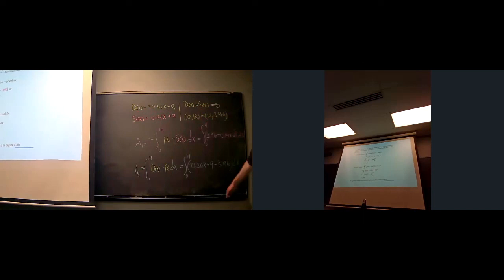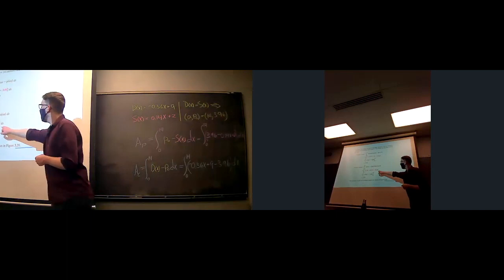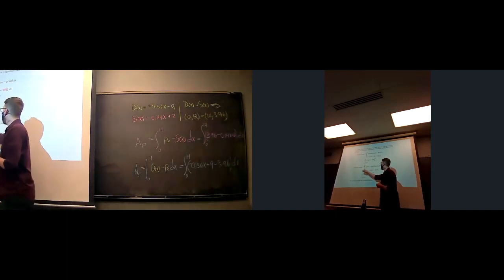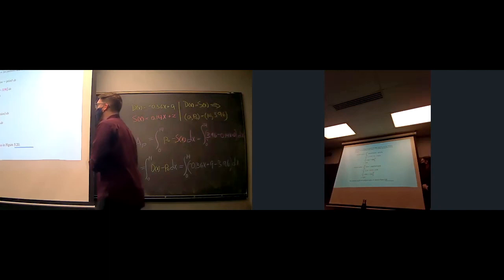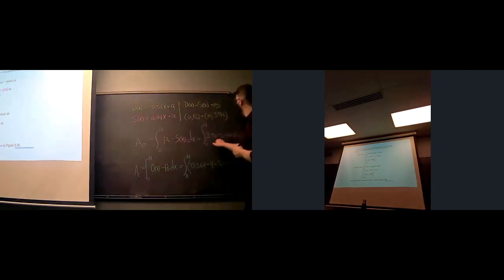So it's exactly the same, right? That's what we've got down here. And now the producer surplus, it's the integral from 0 to 14 of 3.96 minus the quantity 0.14 times x plus 2 integrated with respect to x. It's exactly what we've got here. We just went ahead and distributed that negative sign through. Everybody cool with this?